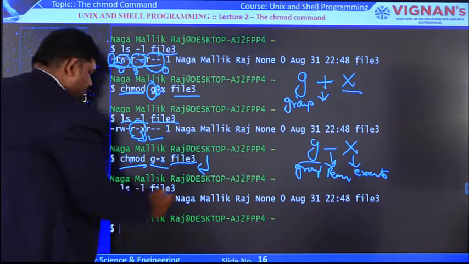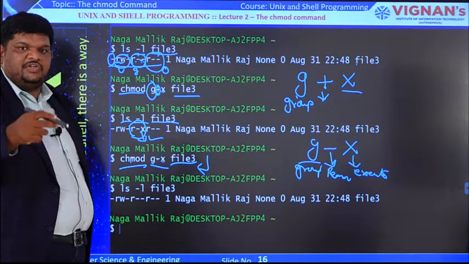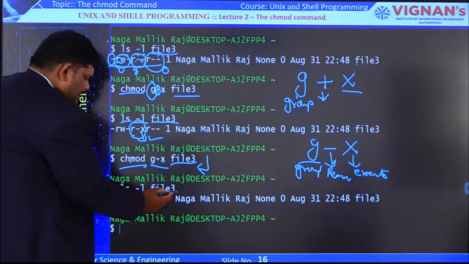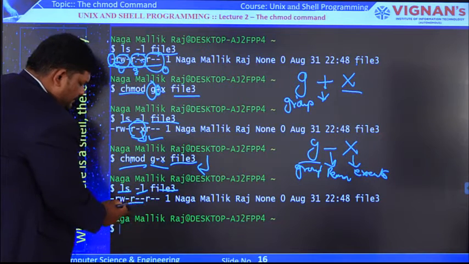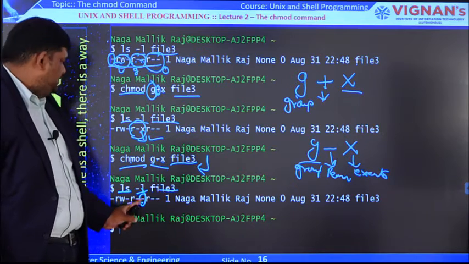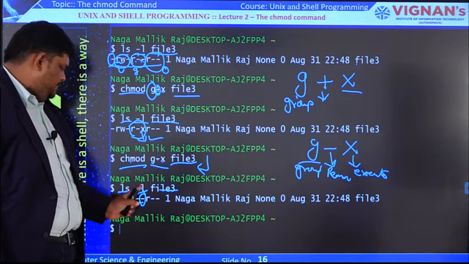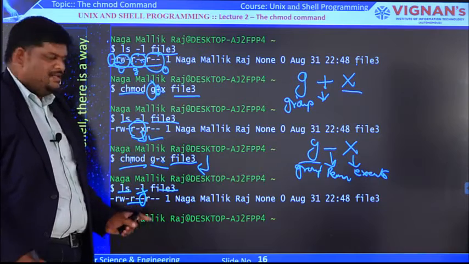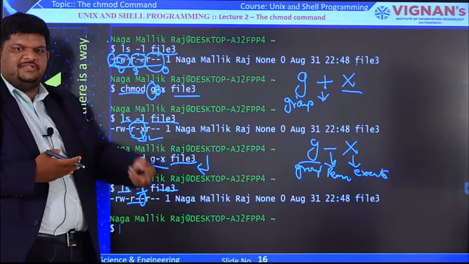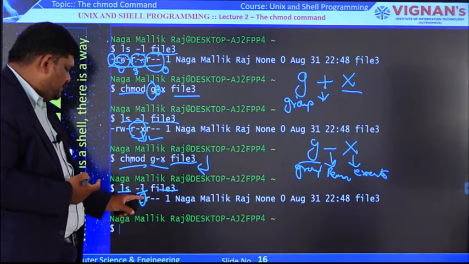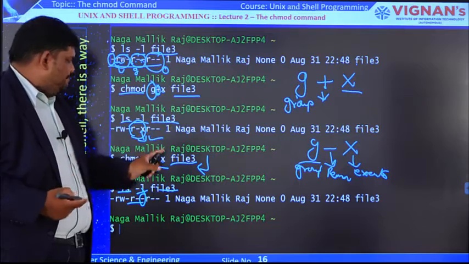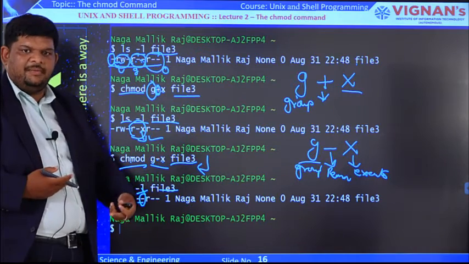Enter. Again I am checking whether the execute permission was removed or not. ls command, option L, file 3. If you observe here, there is no execute permission. Previously x was there, now it is not. That means we successfully removed the permission that was present before. So in this way, with the plus operator we add permission, with the minus operator we remove permission.